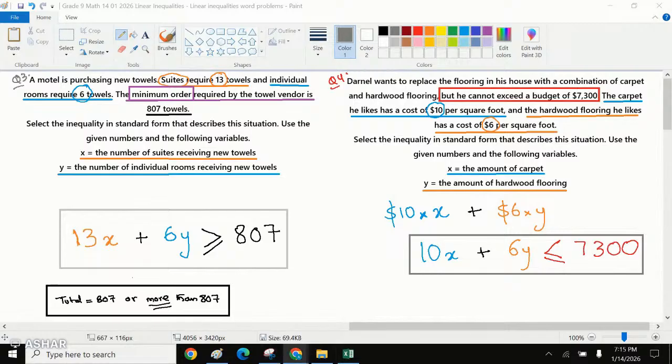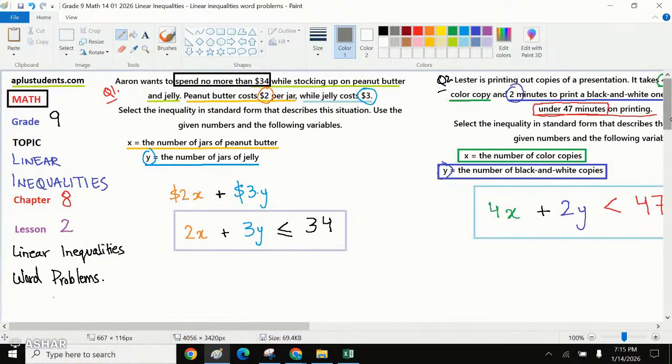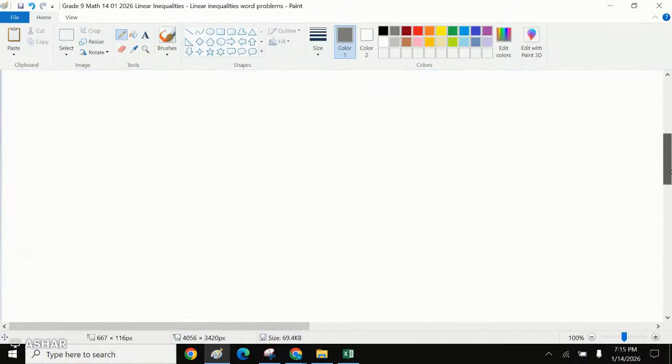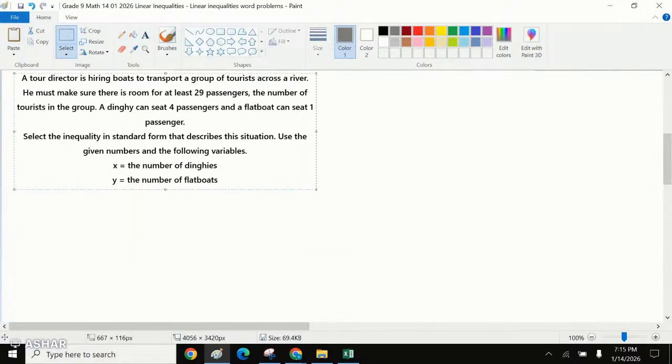Okay, so let's try the next question, question number 5. It says a tour director is hiring boats to transport a group of tourists across a river. And what is given? He must make sure there is room for at least 29 passengers.